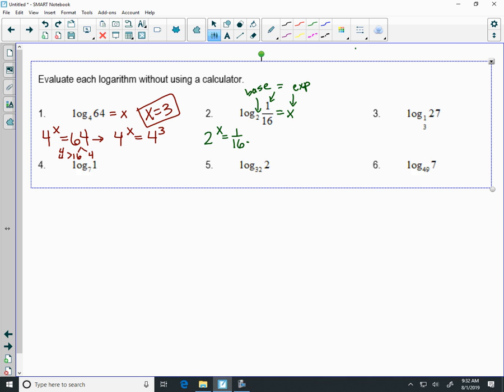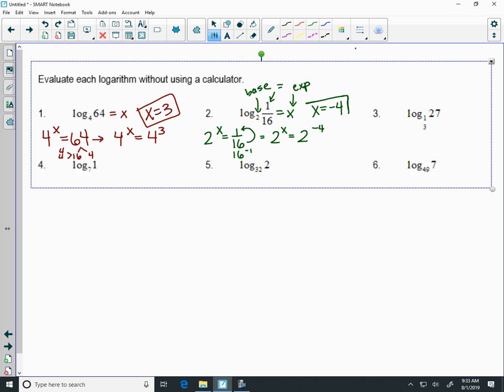I'm going to bring 16 up, so that means my exponent needs to be negative. I'm going to make it base 2, so 16 is 2 to the 4th. If you need that in 2 steps, that would be 16 to the negative 1, and then change it to 2 to the 4th. So here we have x equals negative 4.